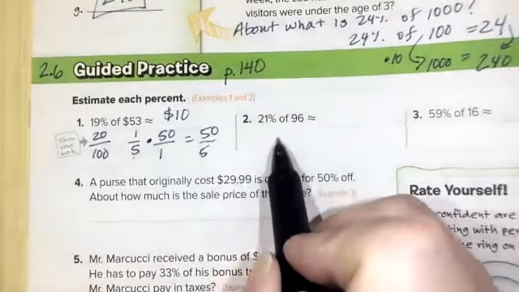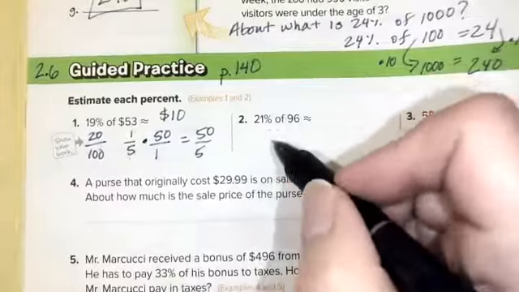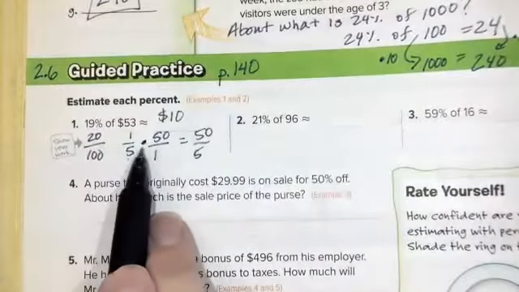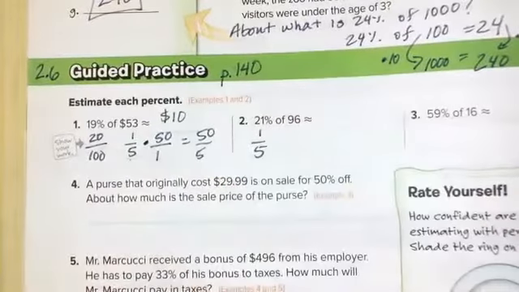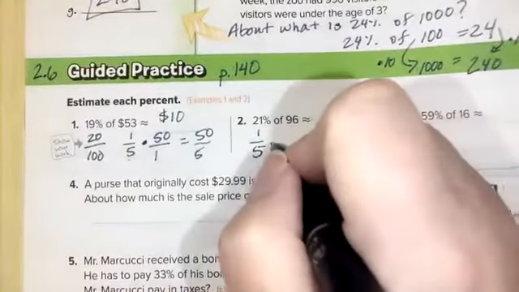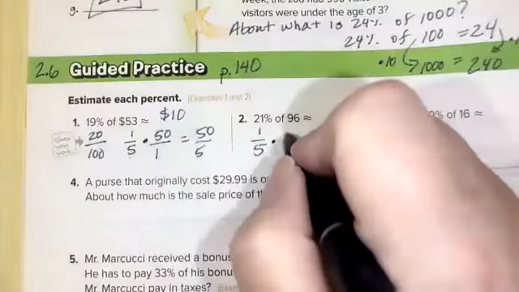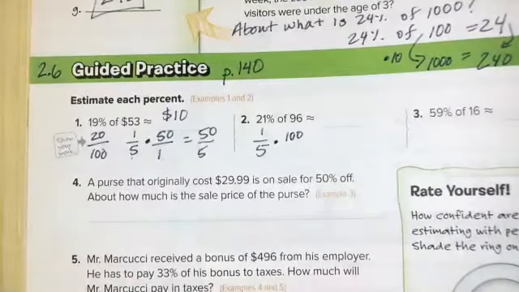Then let's look at number 2, 21% of 96. Okay, so again, 21% is about, we know this from number 1, about 1/5. So 20% is very close to 1/5 of means multiply. 96 is very close to 100. So 1/5 of 100 is the same as 100 divided by 5, okay?